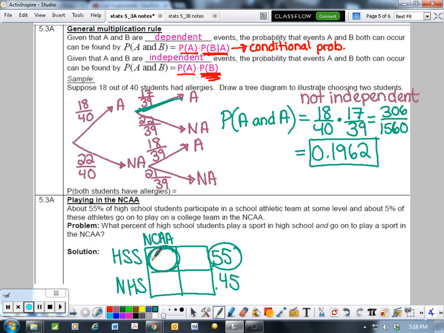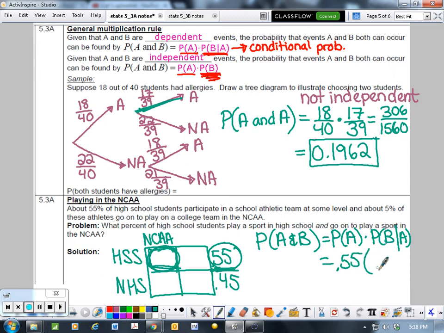So I'm going to go ahead and use this idea that the probability of A and B, which is this area right here in my box, is equal to the probability of A times the probability of B given A. Well, I know my probability of A right here is 0.55.